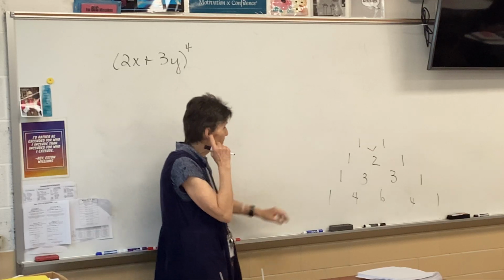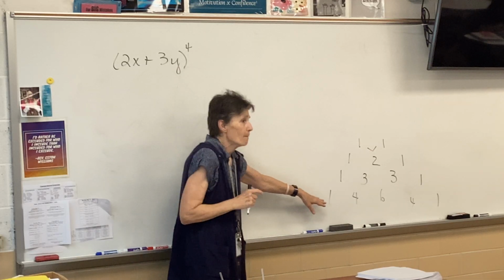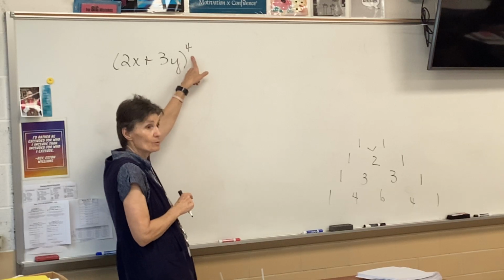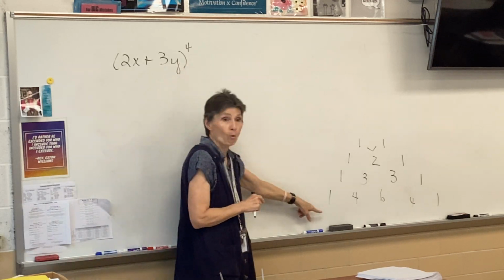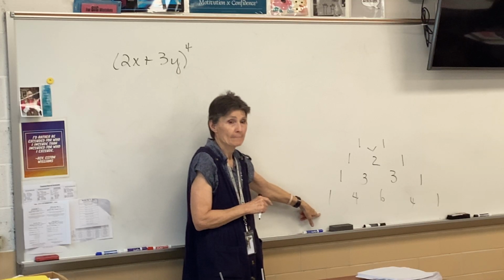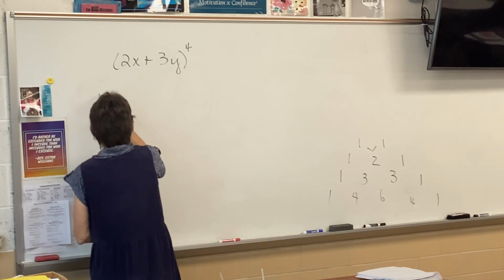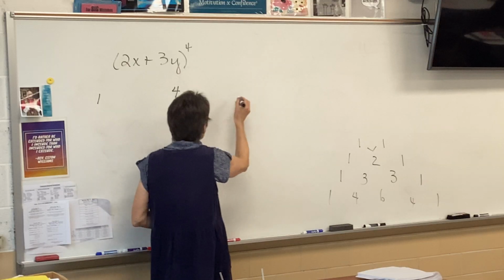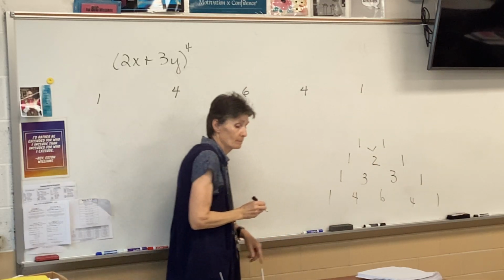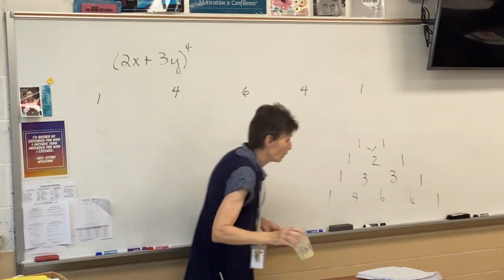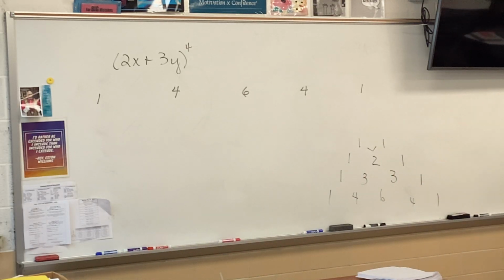And I only built that much of it because notice this is to the fourth power. So I need the 4th row. So I'm gonna write those numbers down. 1, 4, 6, 4, 1. All right, anybody remember what comes next? Put in my X's and Y's. Put in the pieces of the problem.